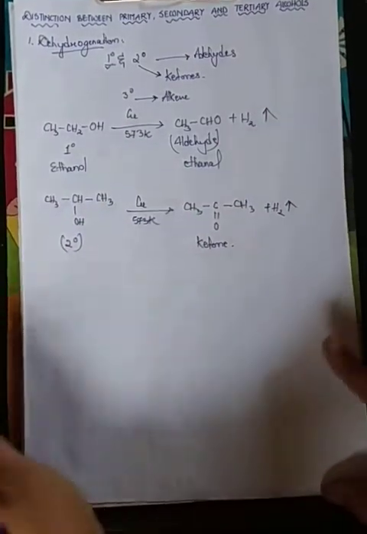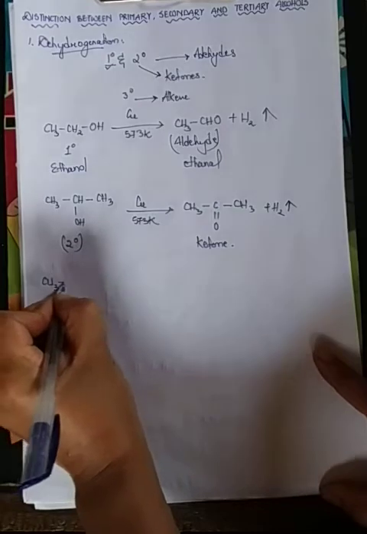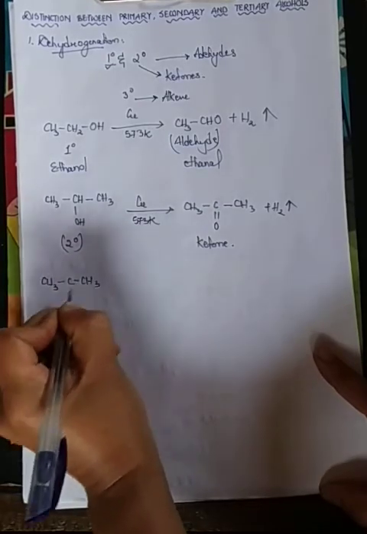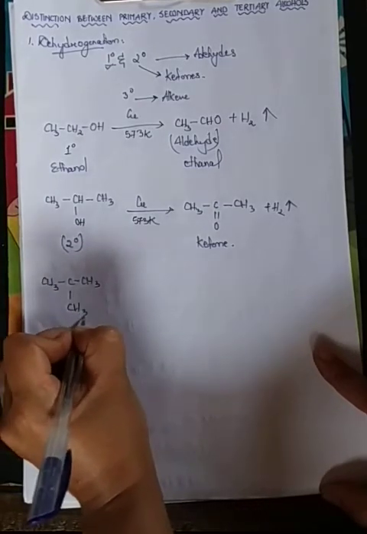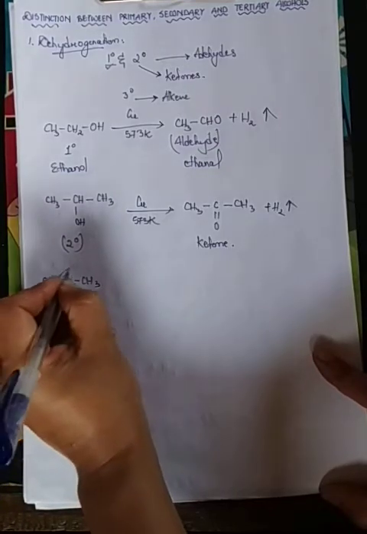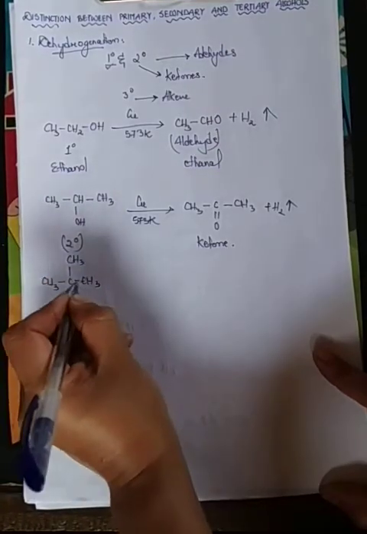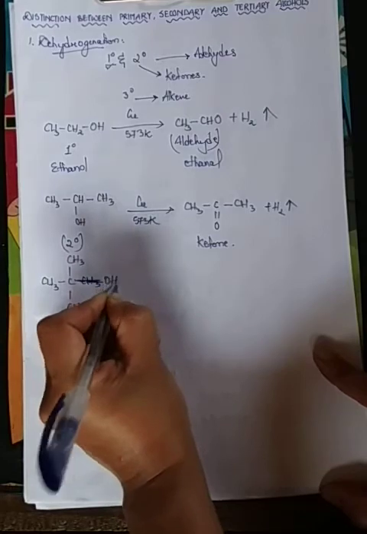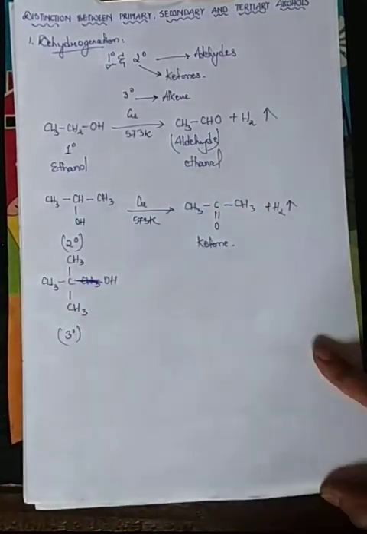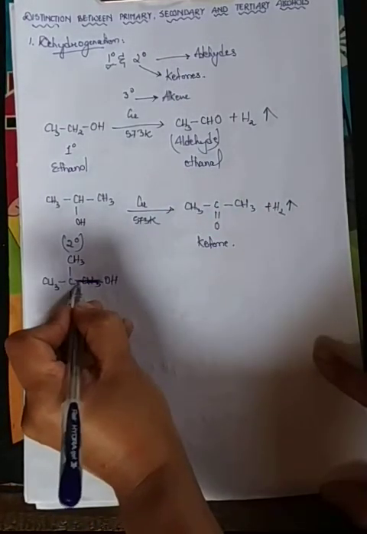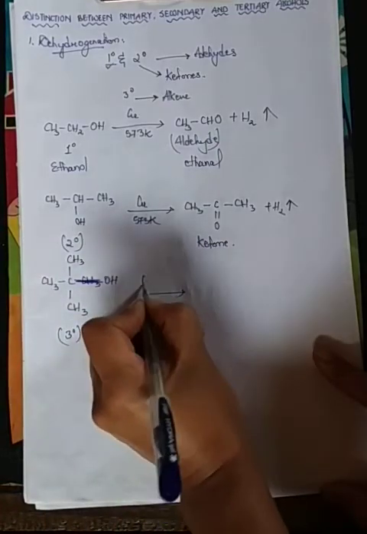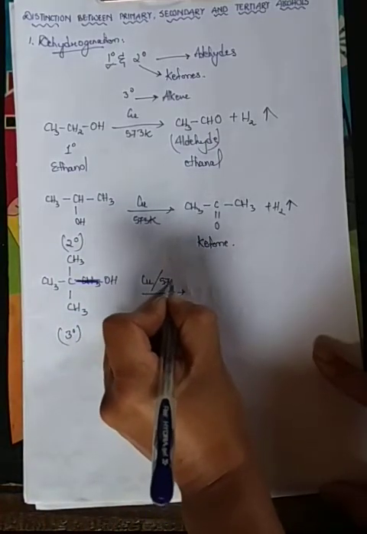Now, what happens when a tertiary alcohol, with CH3 groups and OH, this is our tertiary alcohol, is heated with Cu at 573 Kelvin?